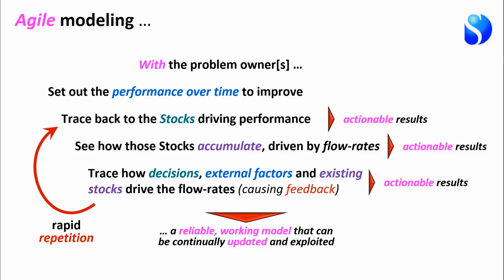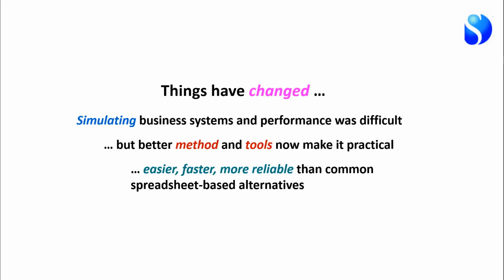Now, it's important to understand that we could not have done this until recently. Things have changed. Simulating business systems and performance up until recent years was genuinely difficult. The method was time-consuming, laborious, it required a lot of experience, and it was often unreliable. We ended up with models that people didn't trust and didn't give reliable results.